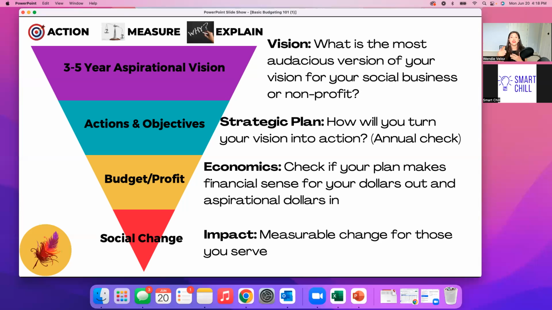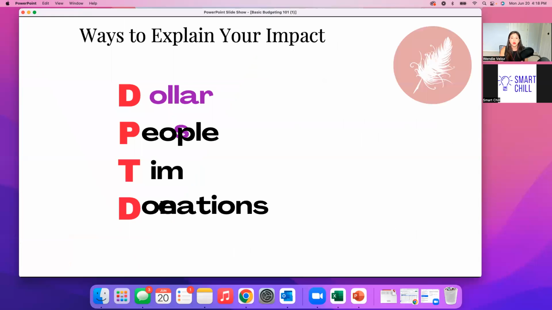What makes financial sense in terms of how much money you need or how much money you want to invest at this moment, given what your organization is capable of doing at this moment, right? As you grow and maybe have more staff, have more services, your organization might be capable of holding a larger budget. That's great, but you need to understand how you're getting there and when you get there. So that's why a lot of these other concepts come into play to make sure that your budget is really what you want it to be.